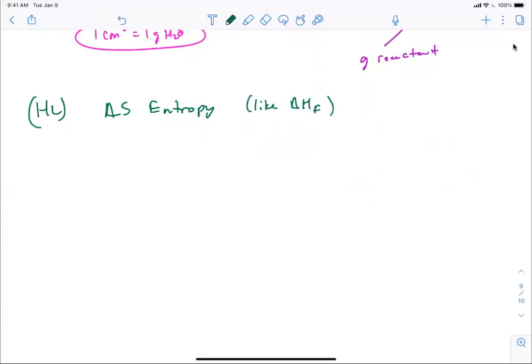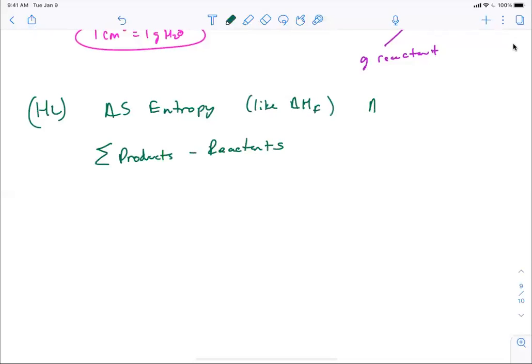And so what you do is you do products minus reactants here for entropy. So that's how you would calculate the entropy. You do the products minus reactants, just like enthalpy of formation.